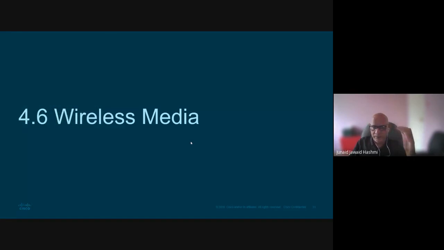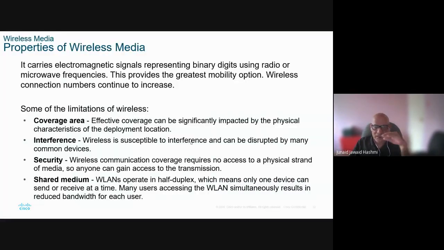Now, next one is the wireless media. As you can see, the problem with wireless media is the area coverage. So if you want to cover a larger area, you have to buy multiple wireless devices. Okay. Wireless signals are prone to interference, either by walls or some other devices. Security is low, and it's a shared medium.